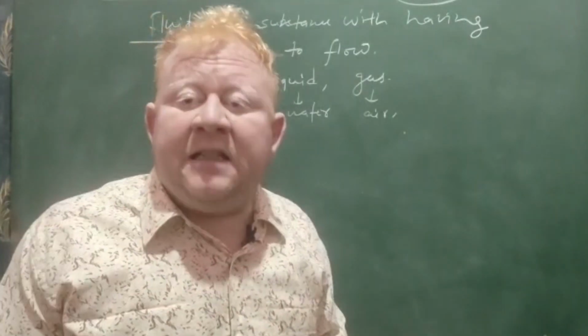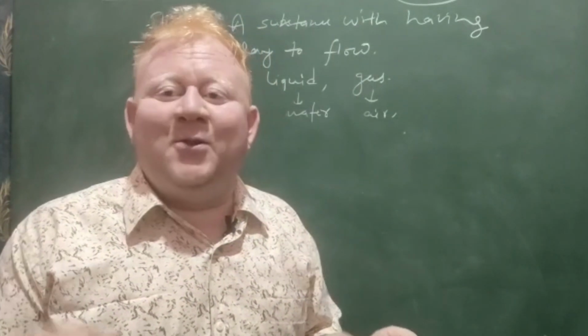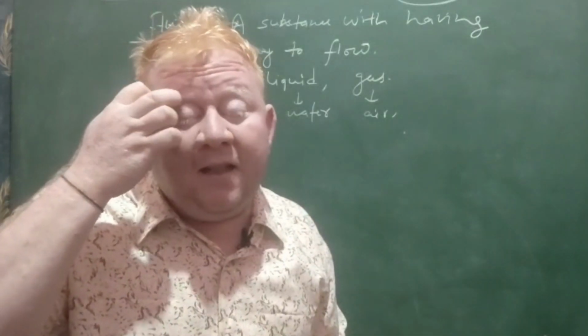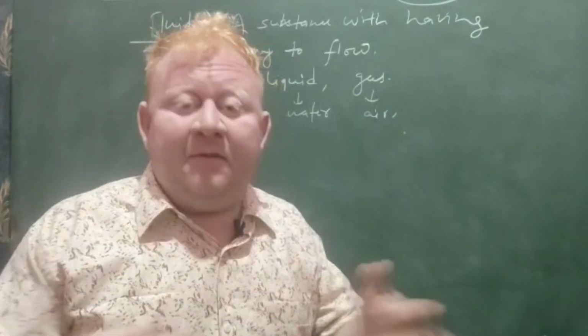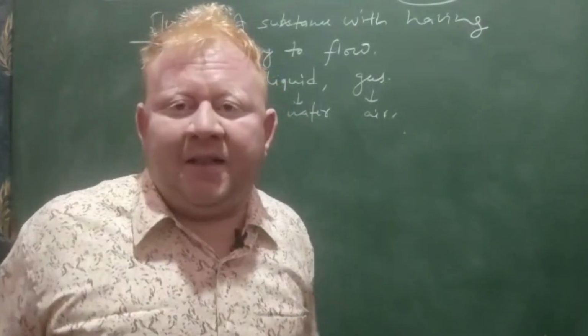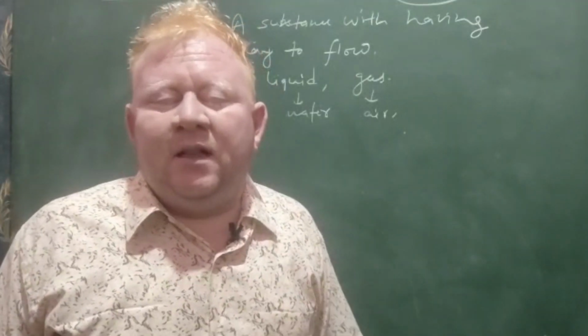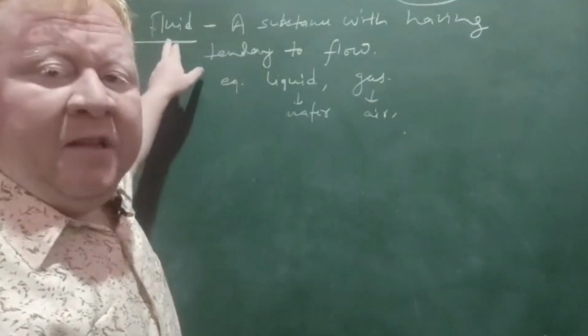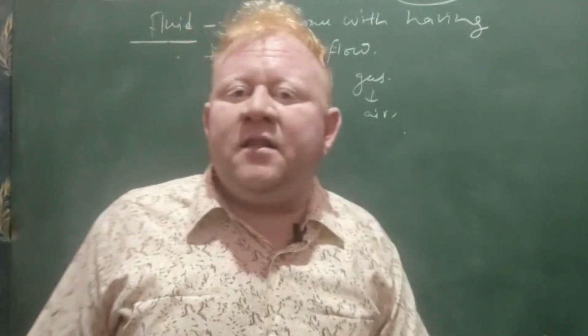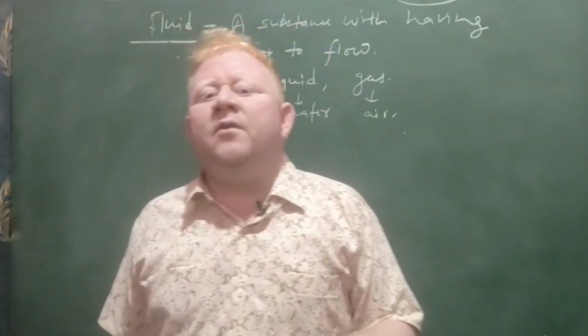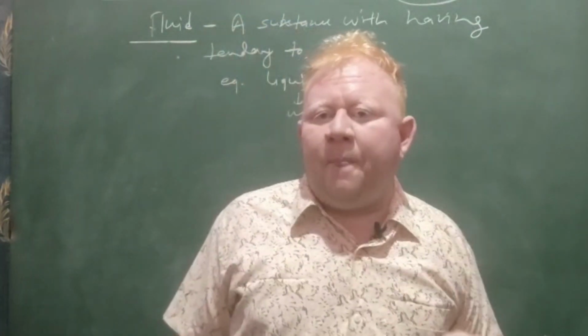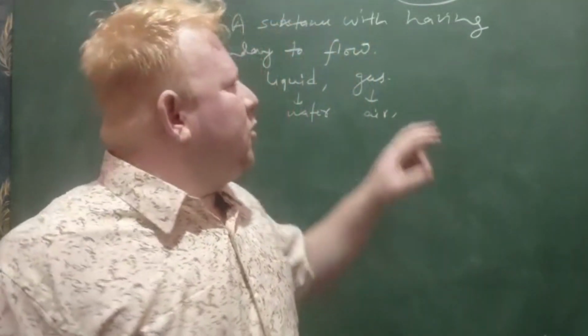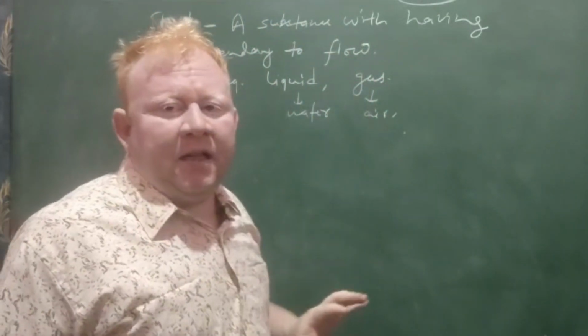If you release these two, the gas will expand up to a large area. Understood? So fluid means a substance with a tendency to flow. These two examples are there, liquid and gas.